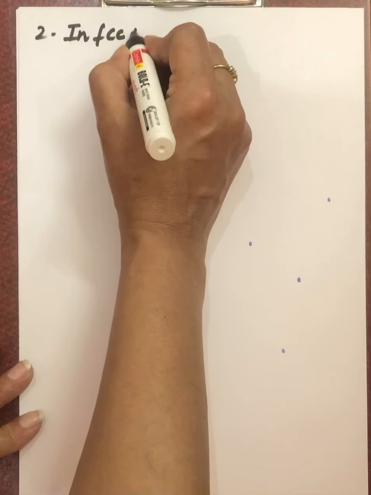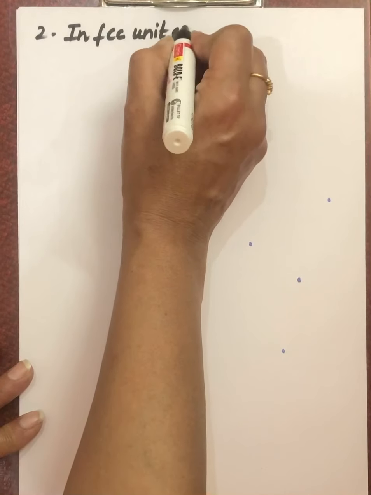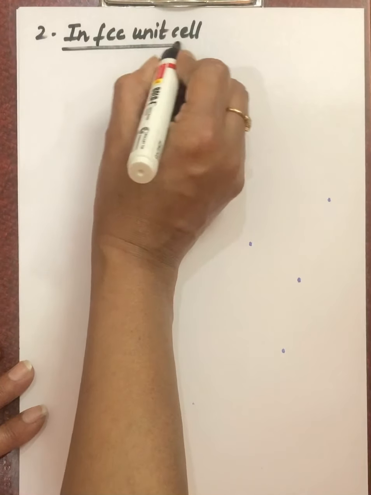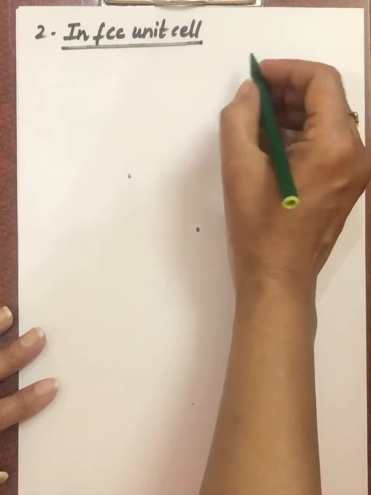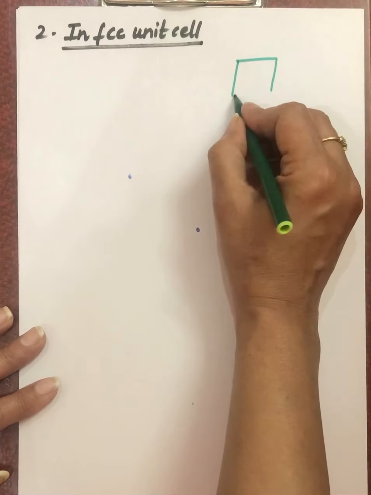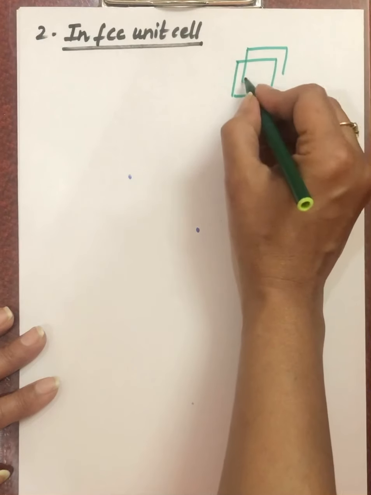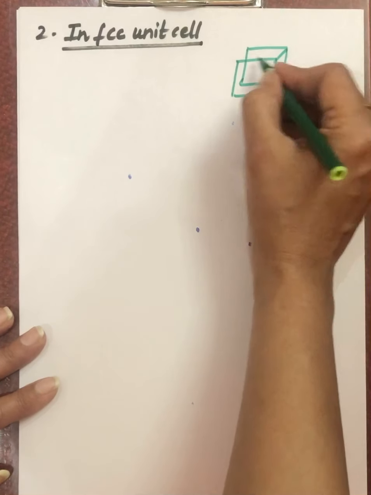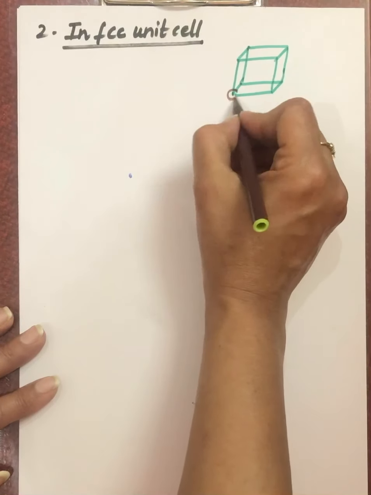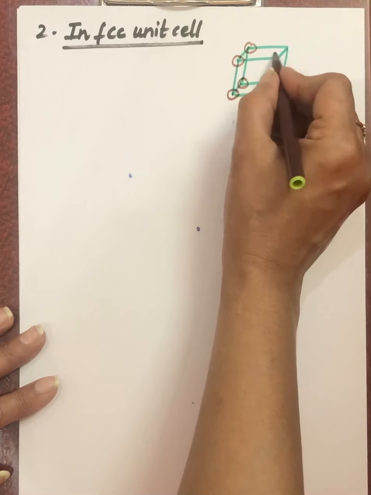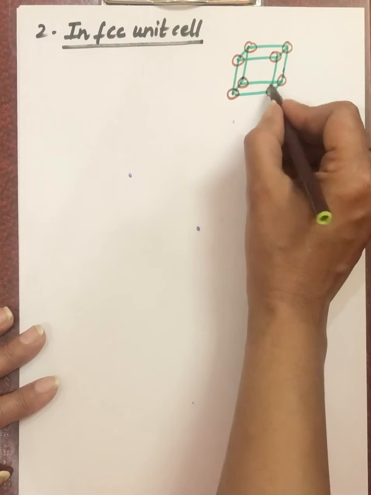In the face-centered cubic unit cell, which we have already done, 74% of the available space is utilized. Now, a face-centered cubic unit cell is one in which particles are present at the corners of the unit cell and also at the center of the faces.